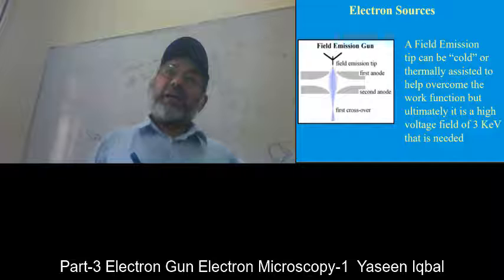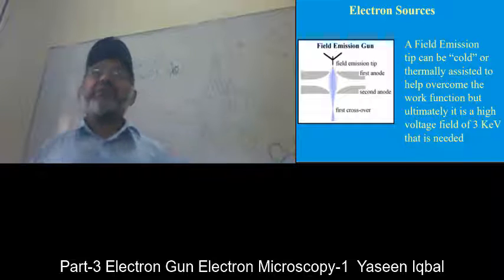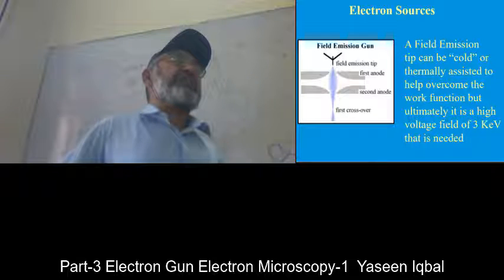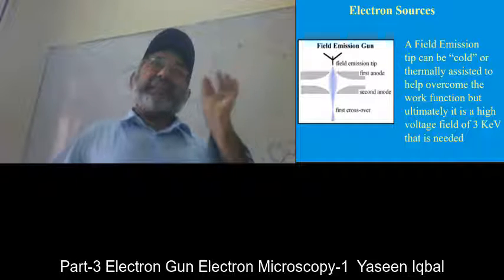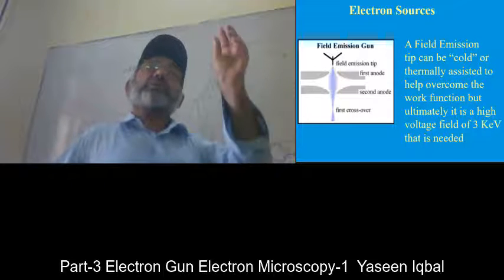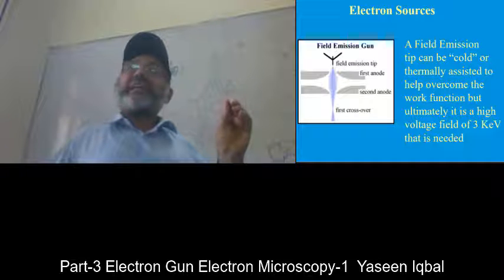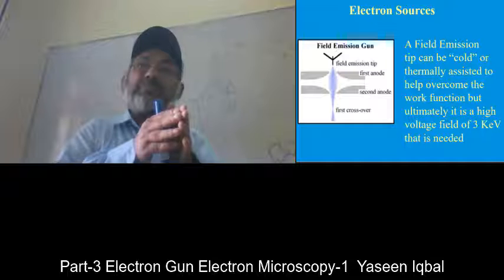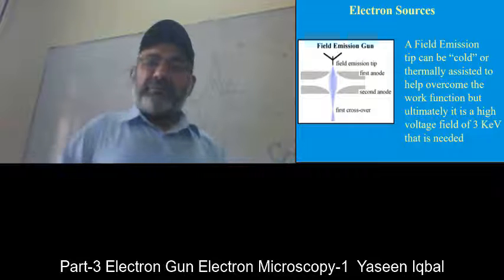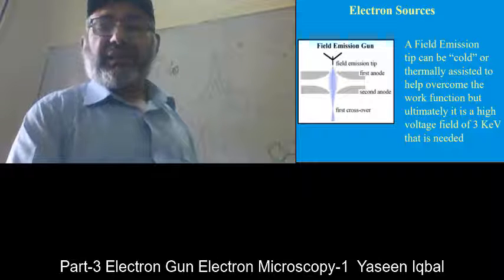And that is why, secondly, the tip of the field emission gun is very, very thin. And that thinness also restricts the emission of electron to a limited place. So the violent scattering is not there.